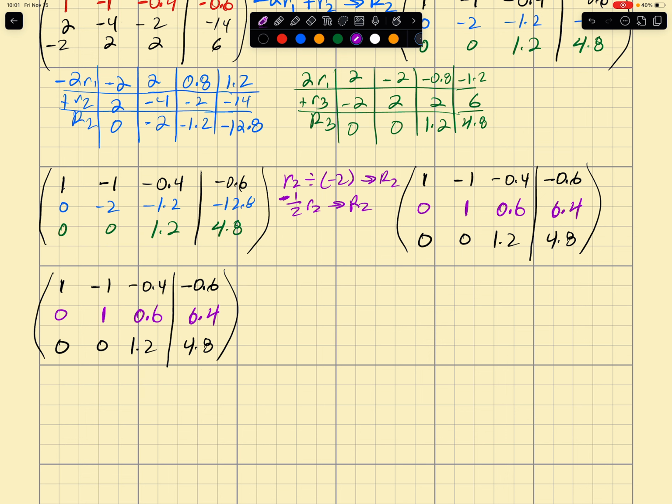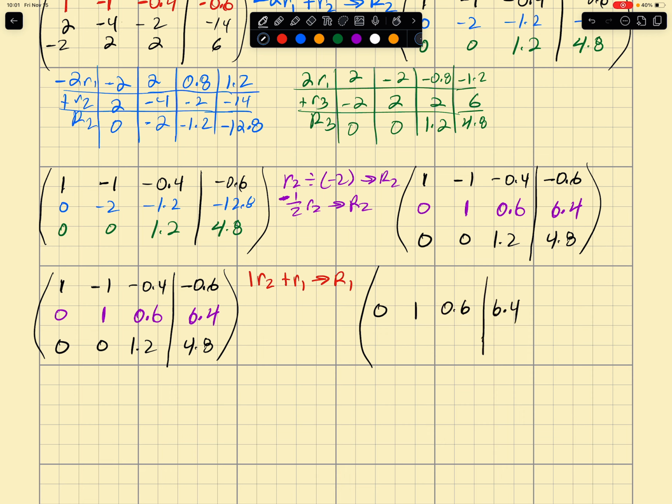Okay. And our row operation is going to be 1 row 2 plus row 1, and we're going to replace row 1. So when we do this, we are using row 2, but row 2 will stay as row 2.